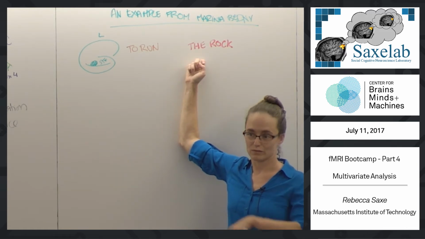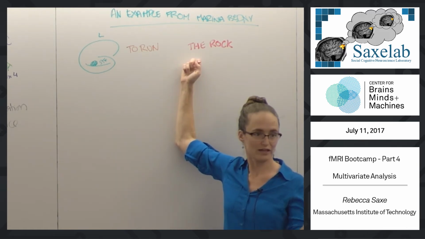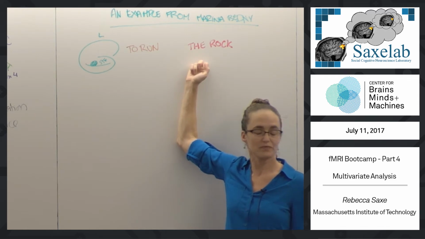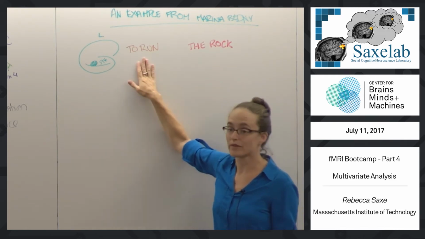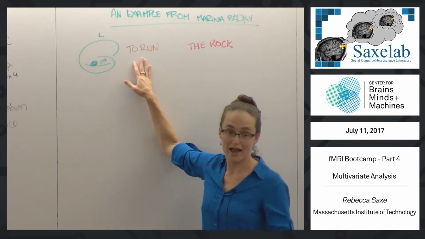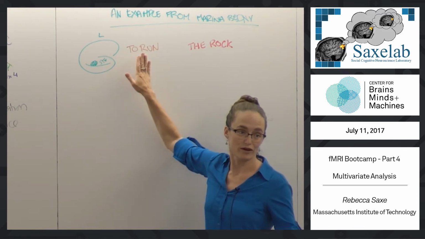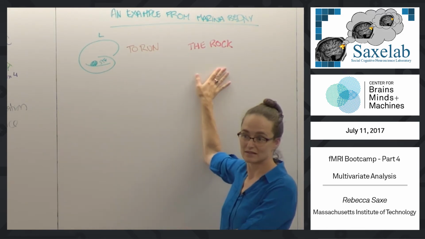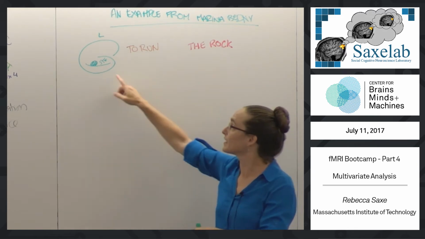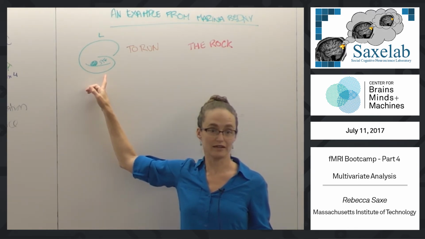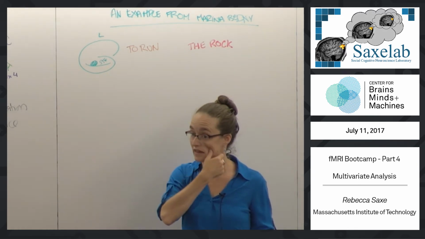And we get the beta for listening or reading or generating those words. And we ask where in the brain is there a reliably larger beta for these motion verbs than these object names. And the answer is, well, there's a big region in left STG like that.